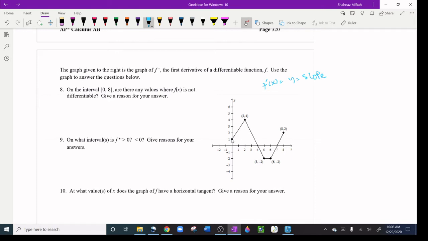So I can say the y value here is 1, so the slope is 1, the slope is 4, the slope is 0, the slope is -2, slope is -2, slope is 2. So the whole thing is differentiable.